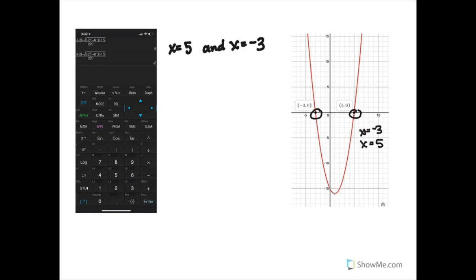And also, if I were to go to the table for this equation, you would see that if I'm looking for the zeros in the y, you would find the point -3, 0, and 5, 0, which is the same thing that we got again using the quadratic formula.